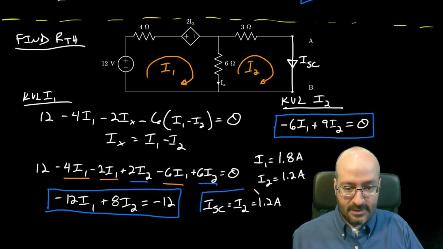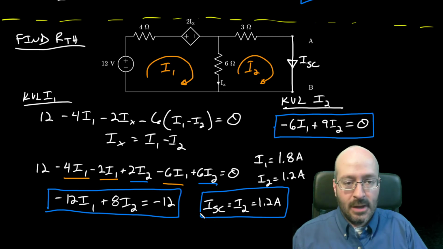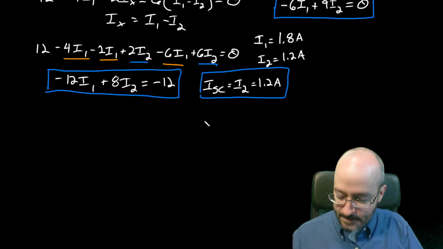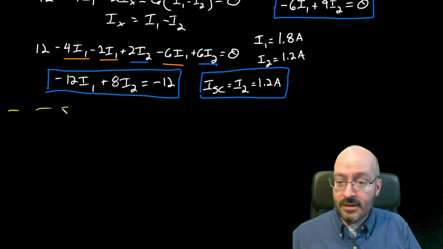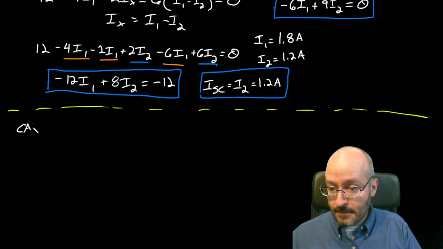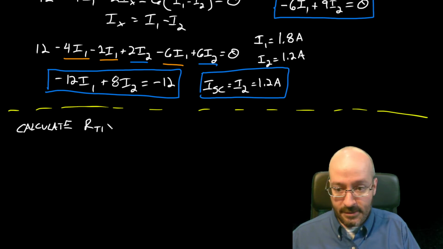Okay, so that's another good result right there. We have V open circuit, we have I short circuit. Let's calculate our Thevenin.